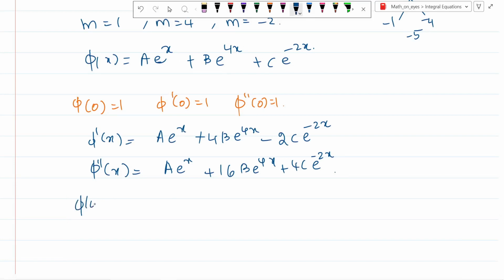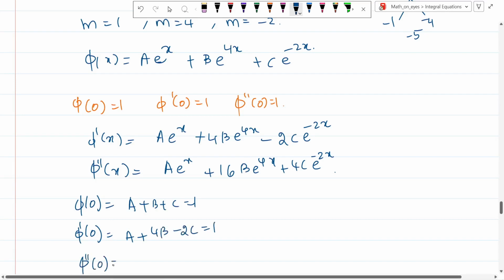Phi of 0 is a into e to the power 0, which is 1, and the others are also e power 0, which is 1. So a plus b plus c is equal to 1. Then phi dash of 0 is a plus 4b minus 2c is equal to 1. And phi double dash of 0 is a plus 16b plus 4c is equal to 1.